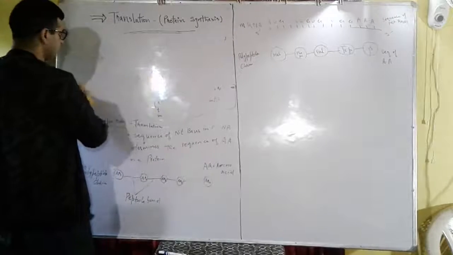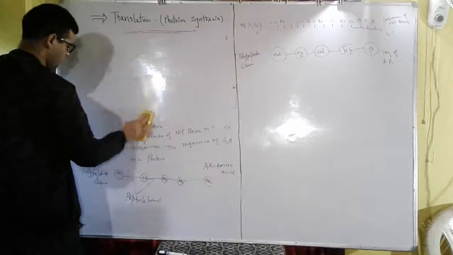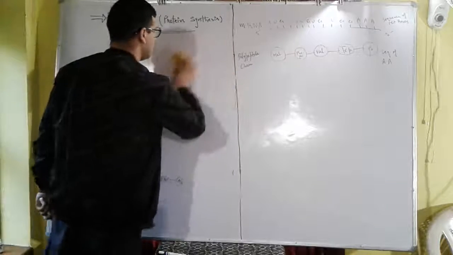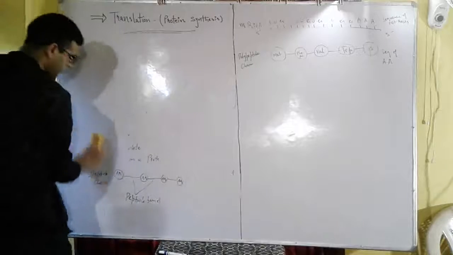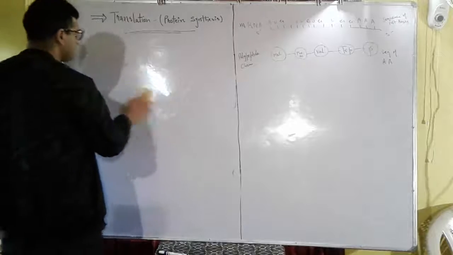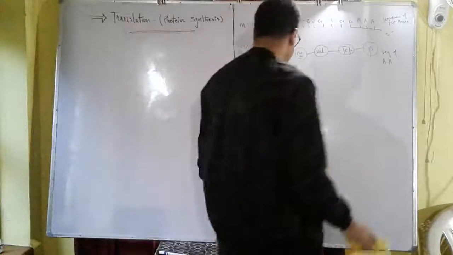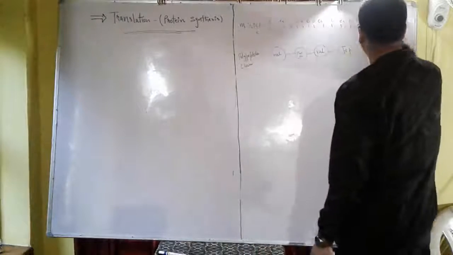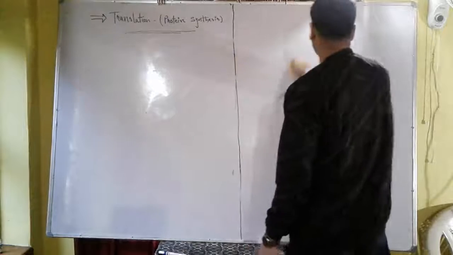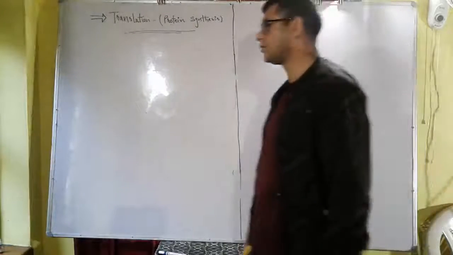Translation is a multi-step process. The first step is activation of amino acids.